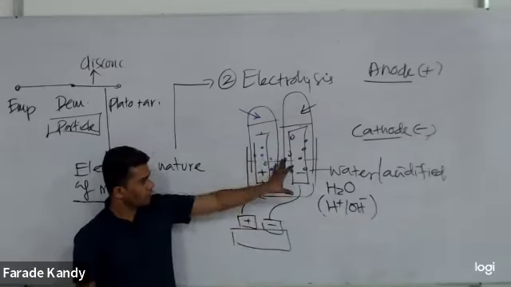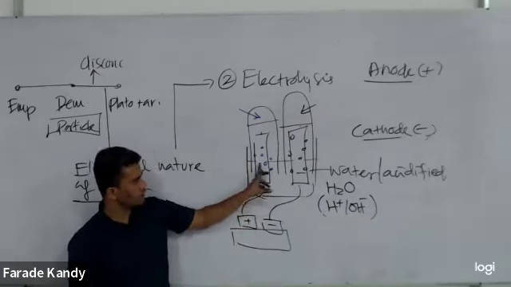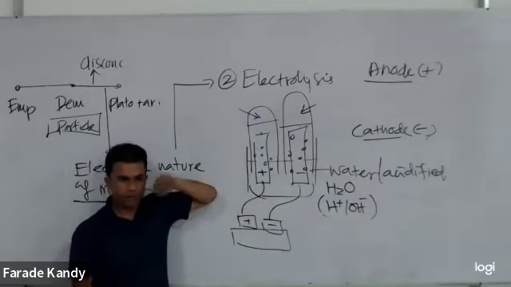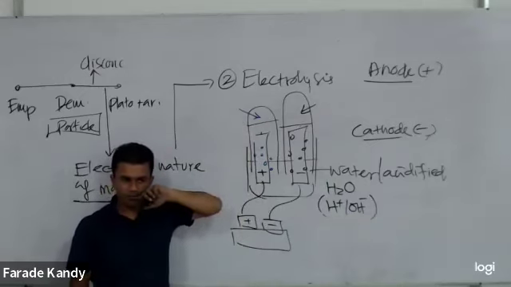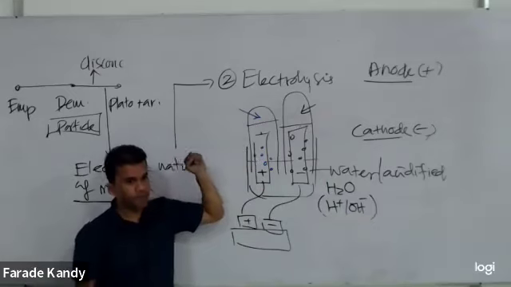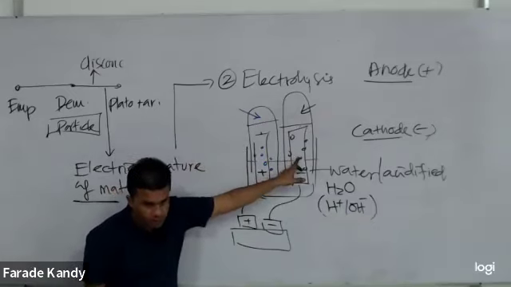Once you electrolyze acidified water using carbon electrodes, you collect one gas at the anode. Do you remember that gas? What is it? At the anode, what do you have? Hydrogen. At the cathode, what do you have? Oxygen.